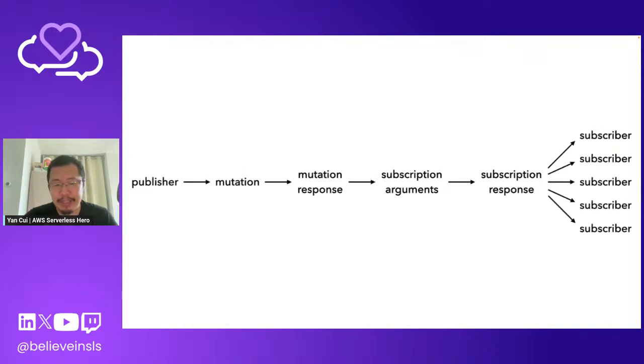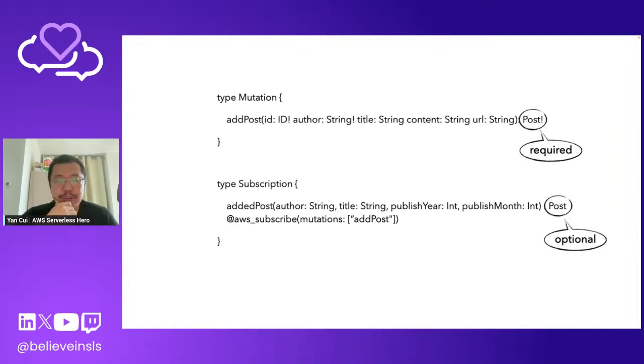Nonetheless, once you have the subscription response object, it can then be forwarded to all the subscribers, and AppSync takes care of all of that for you. Another thing to keep in mind if you're using AppSync subscriptions is that the response type for the mutation has to be required, non-optional, but the response on the subscription endpoint has to be optional.